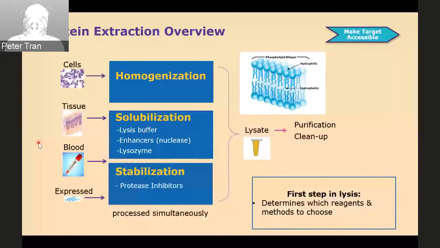We need to homogenize the sample, and at the same time we need to solubilize the protein using lysis buffer, enhancers, or lysozyme, depending on the sample type. We also need to stabilize protein using protease inhibitors. And all these three steps need to be processed simultaneously.